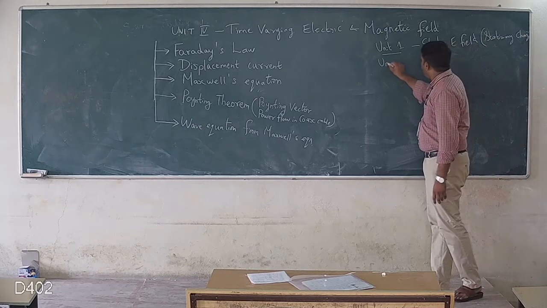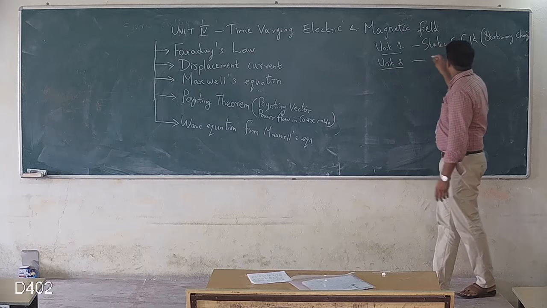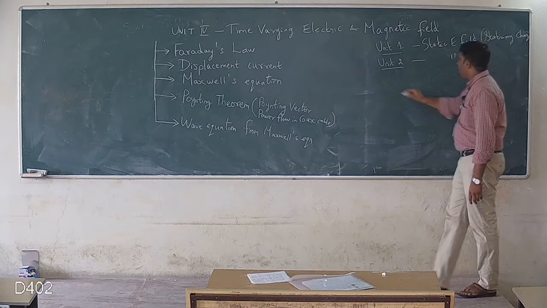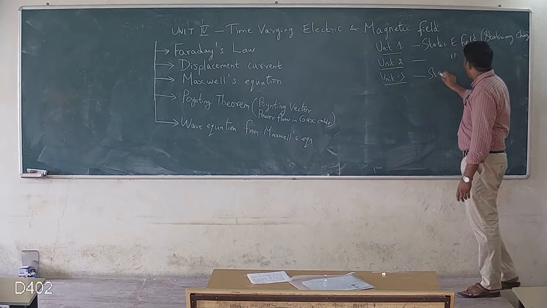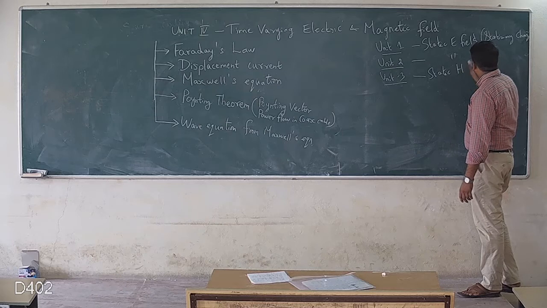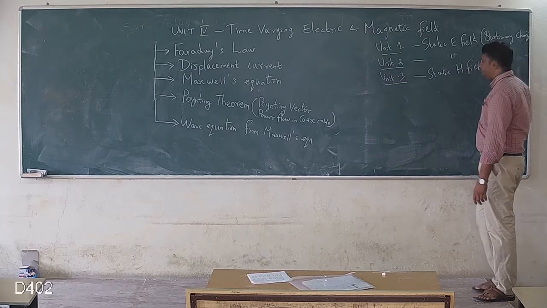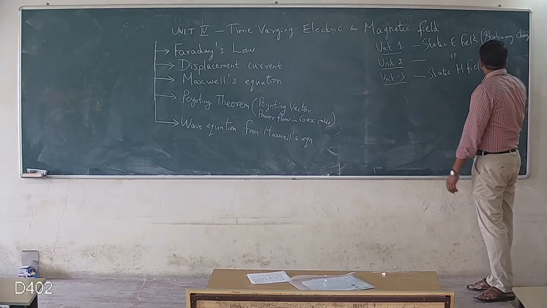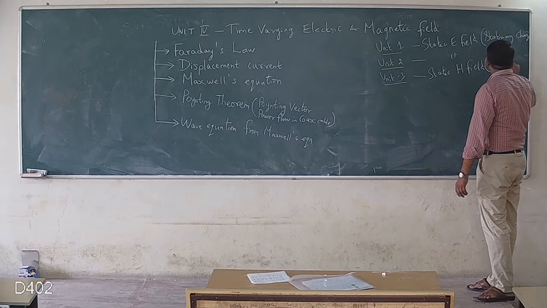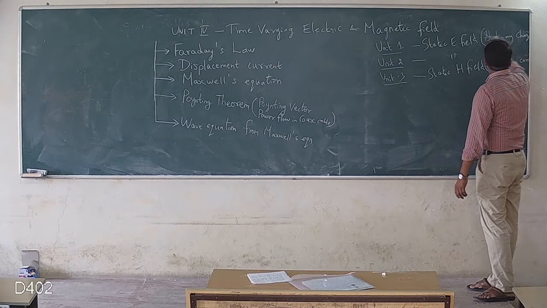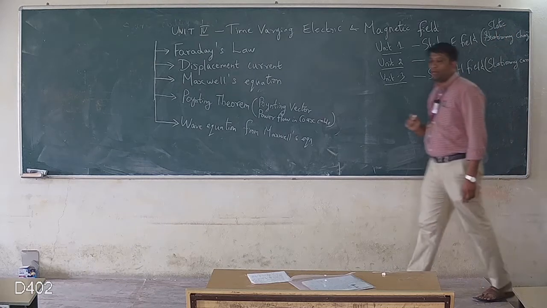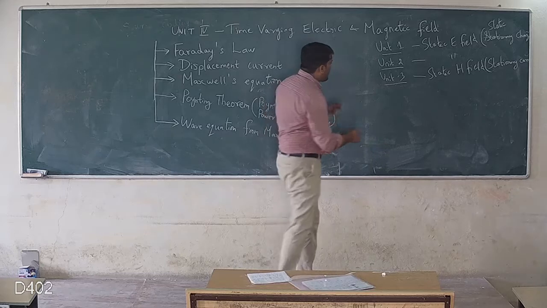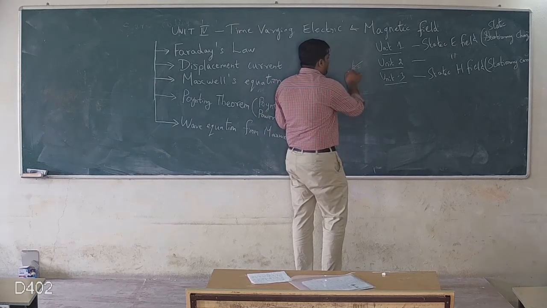In unit number 2, we studied the same static electric field, and in unit number 3, we studied the static magnetic field. The important thing there is that the current is stationary. Specifically, we can also say static charge. So in units 1, 2, 3, time is not an important factor.